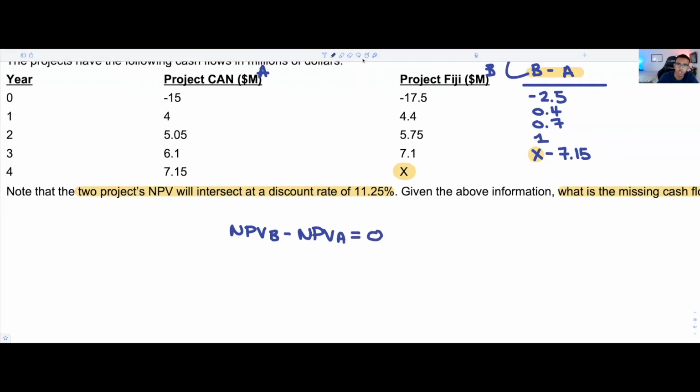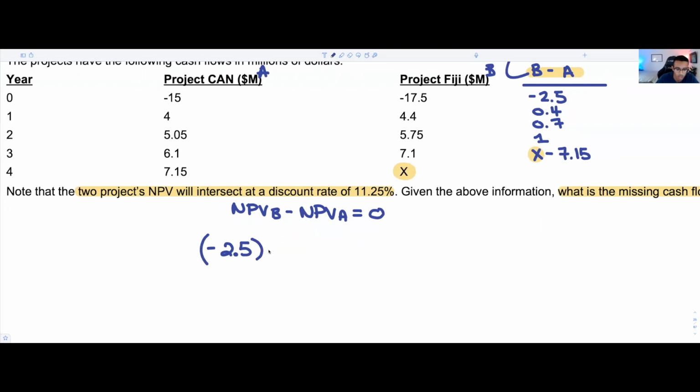All right, in other words, we're telling you that, okay, if we take minus 2.5, and if we do this, plus 0.4 over essentially 1.1125 to the power of 1.